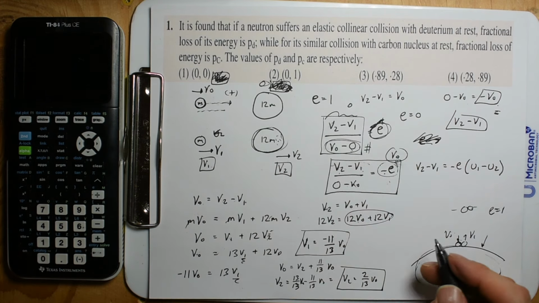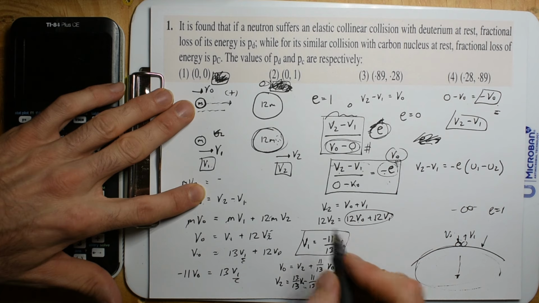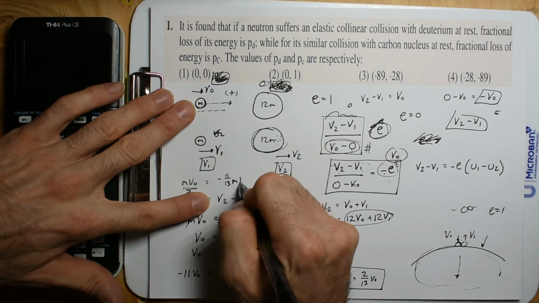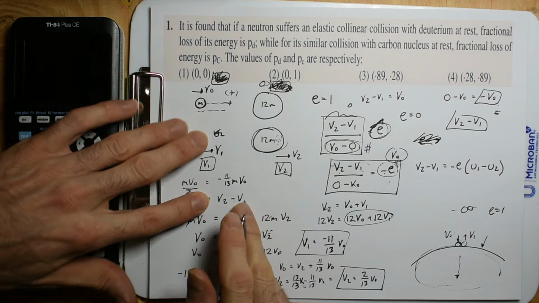And now let's do a check on reality. We have mv naught as our initial momentum going in, and that has to equal our momentum going out. So we're going to have a negative 11/13 mv naught going that way, and then going this way we're going to have 12 times 2, so 24/13 mv naught going that way.